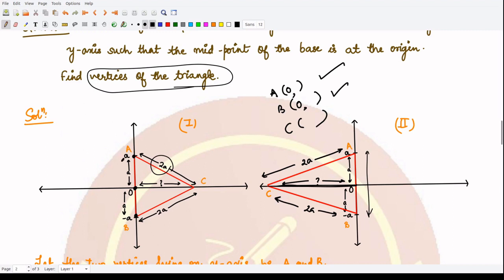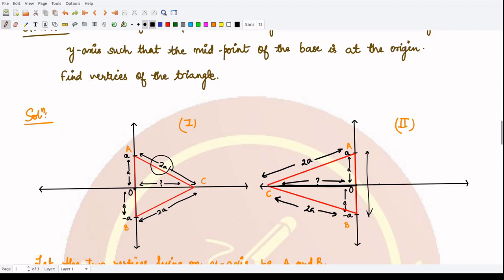But how much is this distance? This is a for capital A. And for B, it is the distance a traveled in the negative y direction, so it is minus a. The coordinates for A and B are the same in either case 1 or case 2.